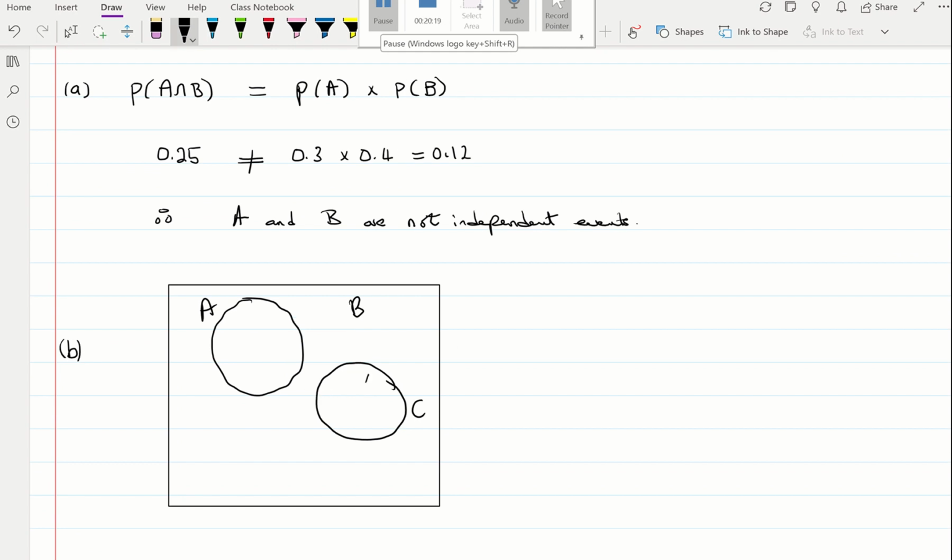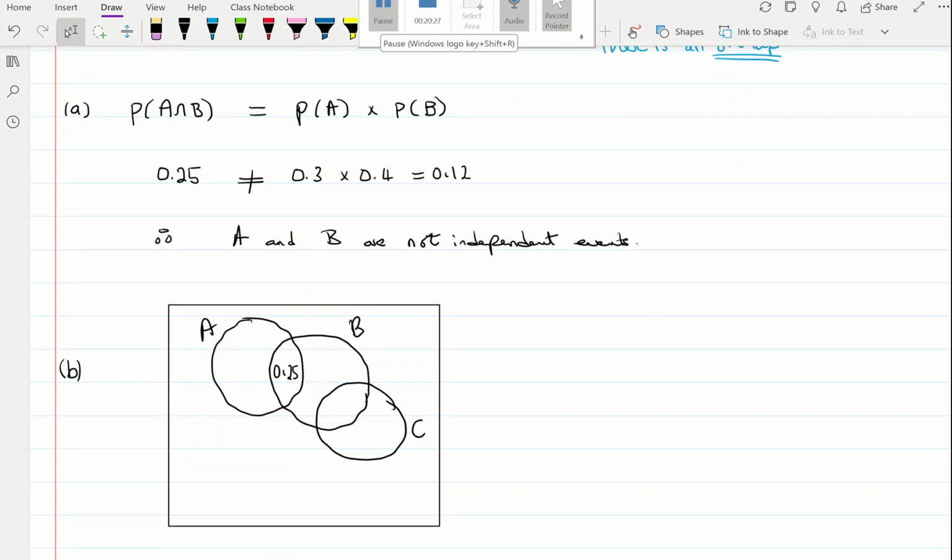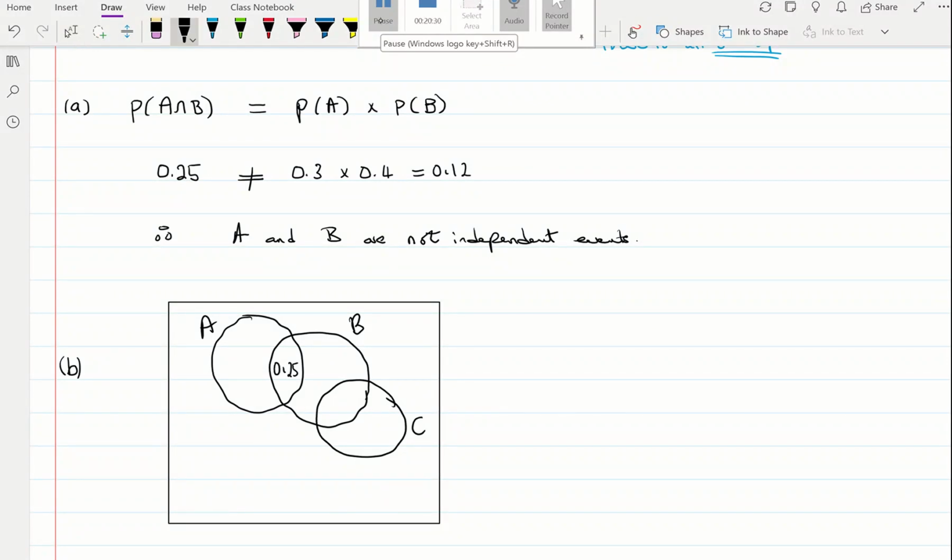Let's make it a bit bigger so I can write. 0.25. And I know that A is 0.3. So that means 0.3 minus 0.25 is 0.05, and that's just A without the overlap.